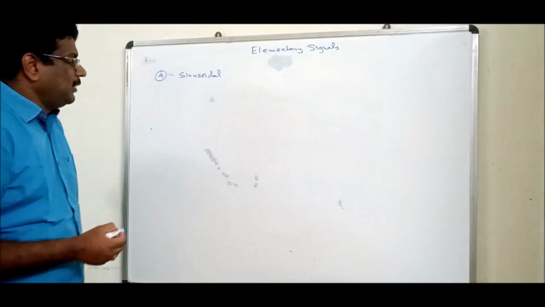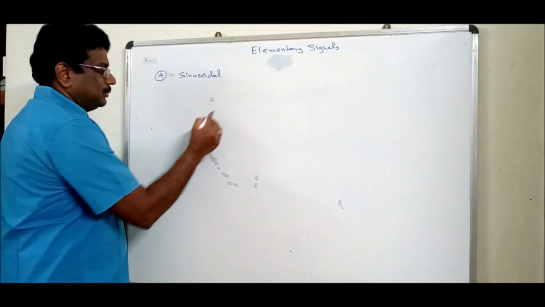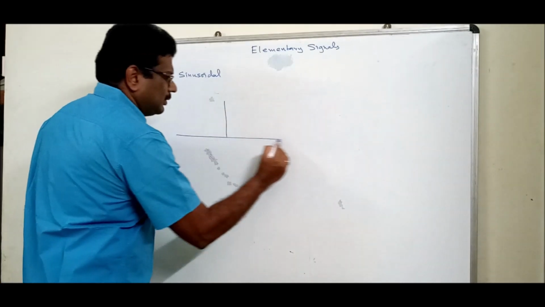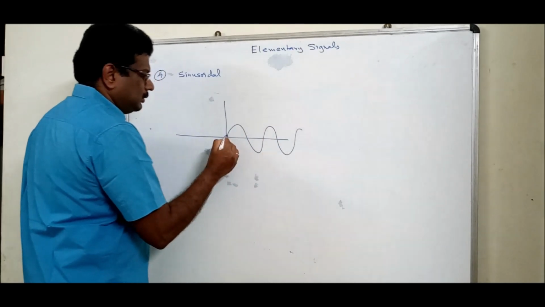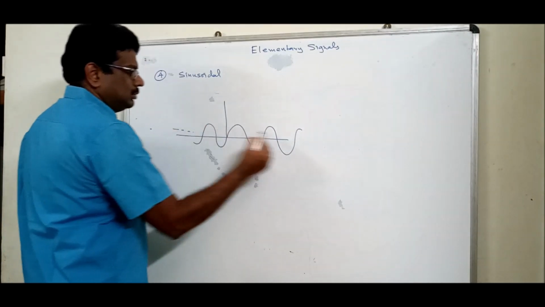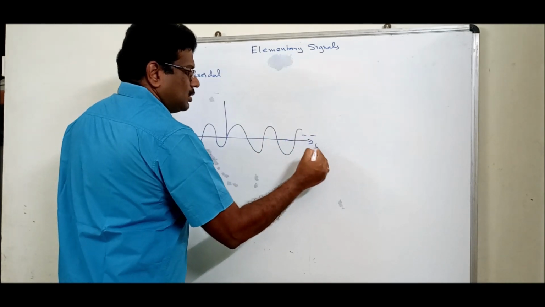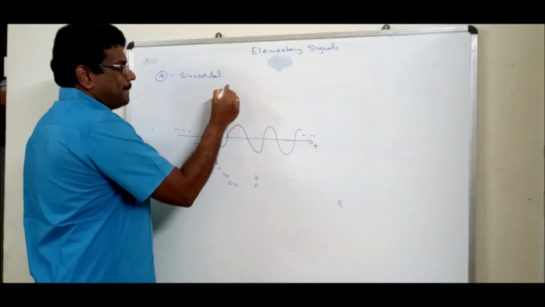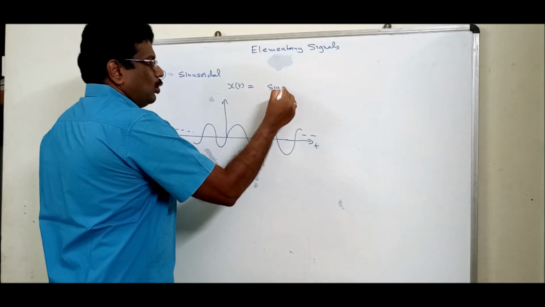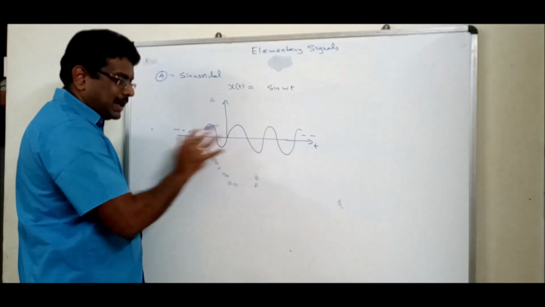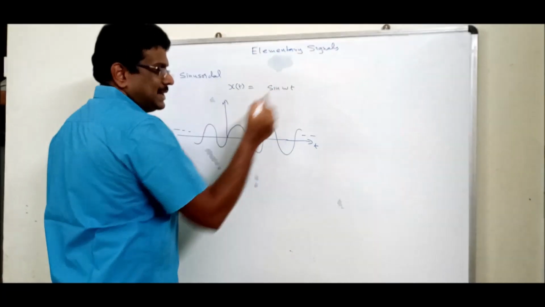The fourth one is sinusoidal. It is just a sine wave or even a cosine wave, called sinusoidal. So x of t is sine omega t. If there is a phase shift, it will be plus theta.